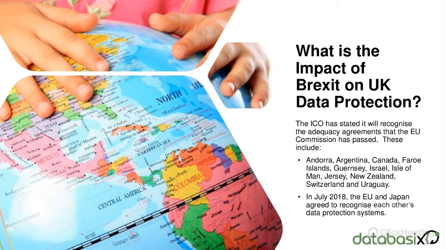So that means that for the countries listed in the first bullet point, where there is an adequacy agreement, we will continue to be able to transfer data to those countries because they have been able to demonstrate that they have an adequate level of data protection regime that allows us to feel that data is safe. We will also continue from the UK to the EU to send data onwards.